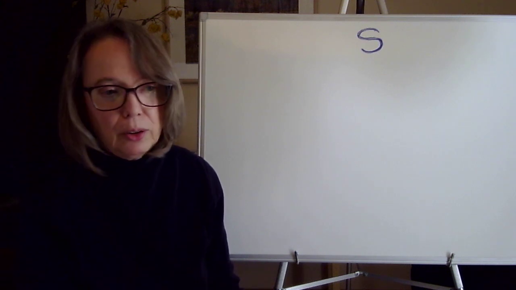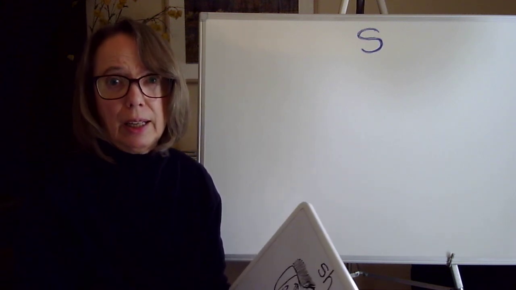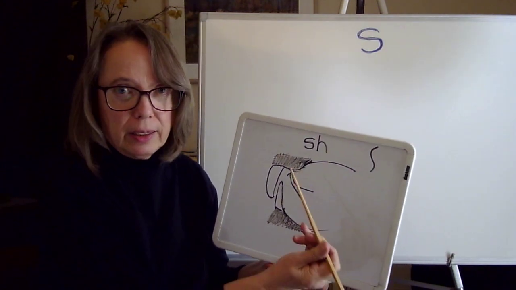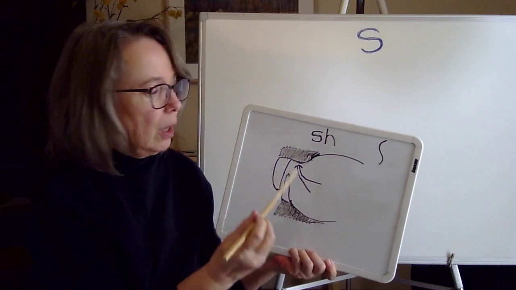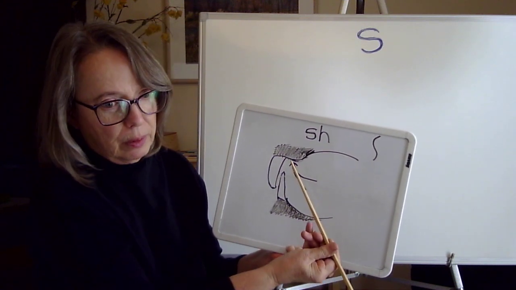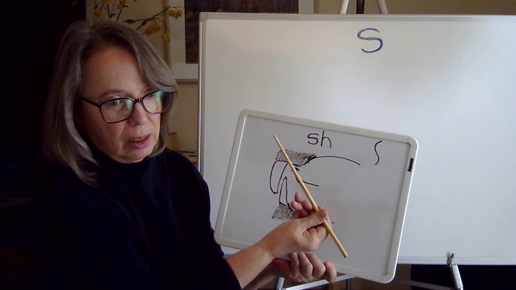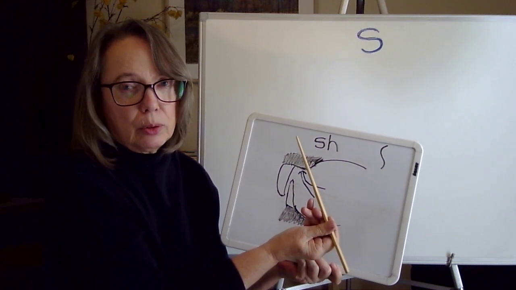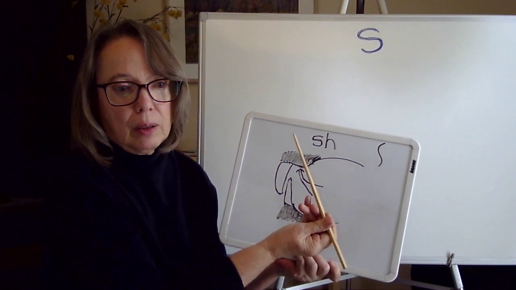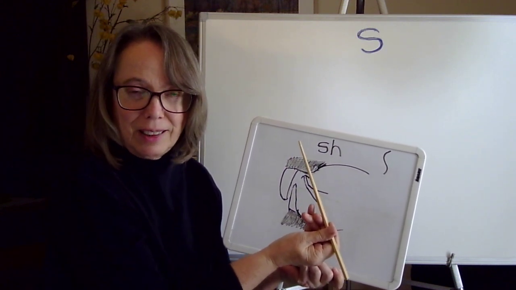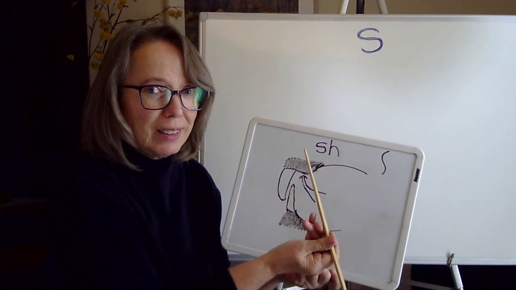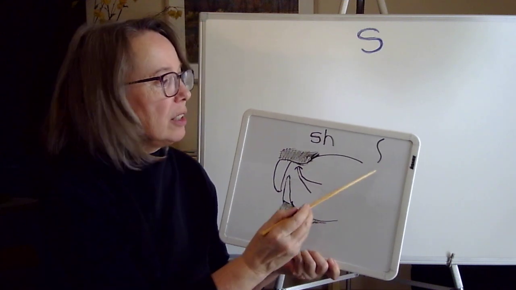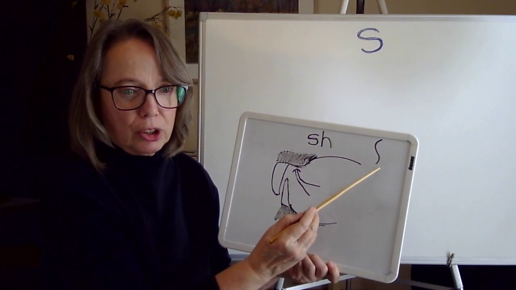If the direction of the airflow or the jet of air isn't directly to this target, and it goes up like this, we begin to hear an SH sound, shh, but not exactly an SH and not exactly an S. Also, this is the IPA symbol for sh.